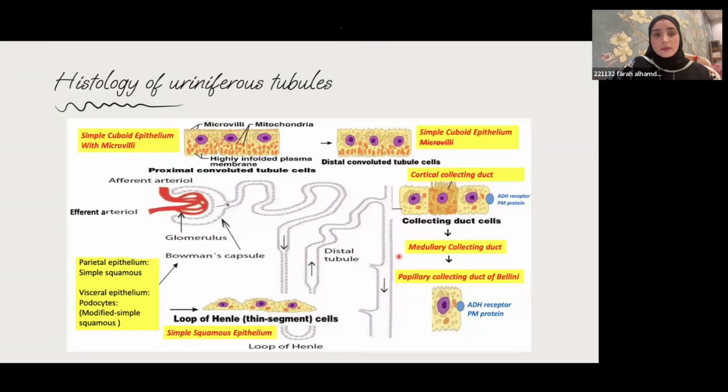Okay. Now, this is a very overwhelming slide, I know, but we have to know the types of different cells that we see in the nephron.